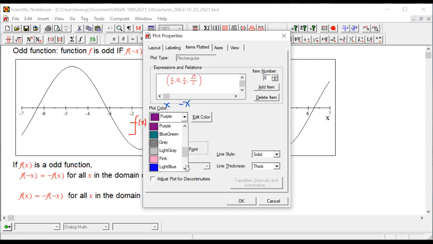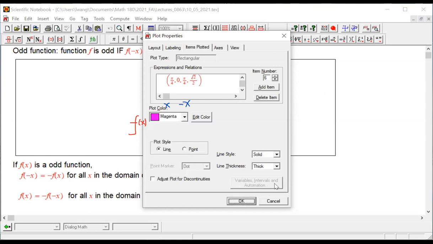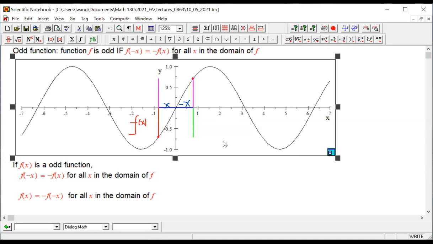That is purple or magenta. There's a slight difference. Okay, so this is better.